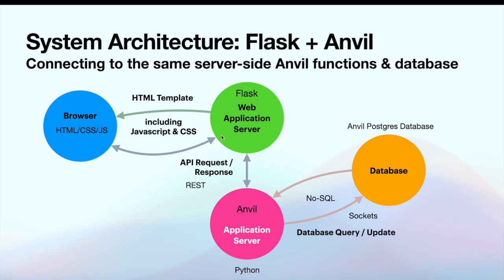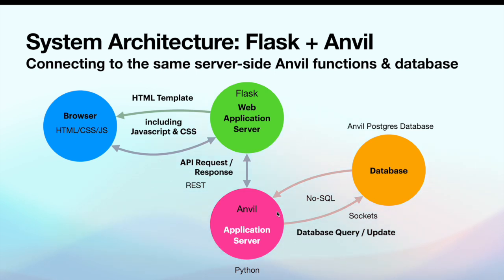Fantastic. And where do these REST calls go, Marina? To the Anvil application server? Yes, but via the Flask application server, and it's entirely written in Python. Python again. My favorite language. Mine too. This Anvil application server then interacts with the database. The database, the heart of our data. Precisely.